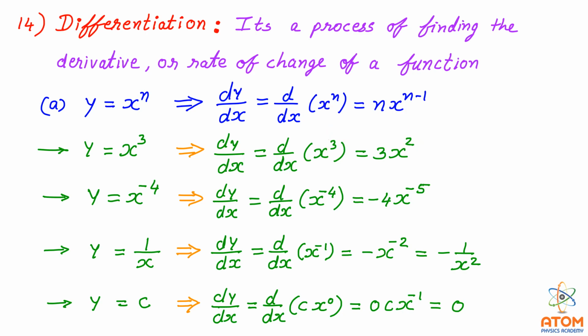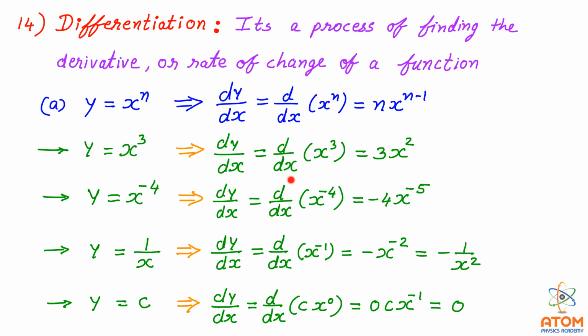Here the power is 3, so power 3 into multiplication, then x raised to 2, power minus 1, that means x raised to 2. One more example, y is equal to x raised to minus 4. We want to differentiate y with respect to x. So I will write dy by dx.